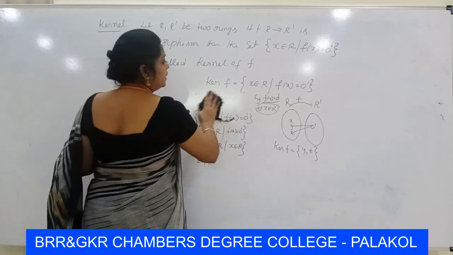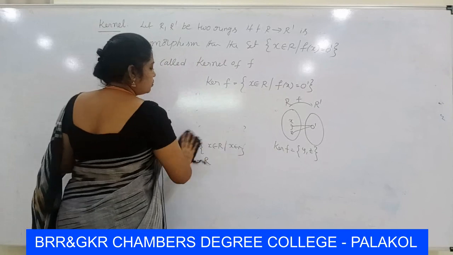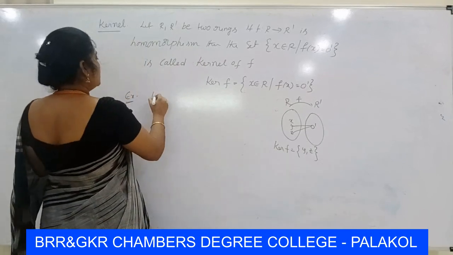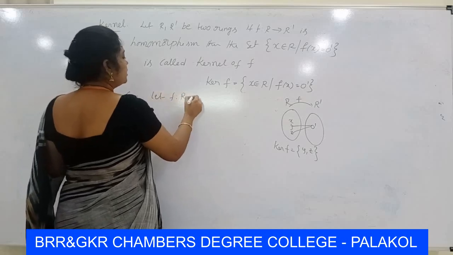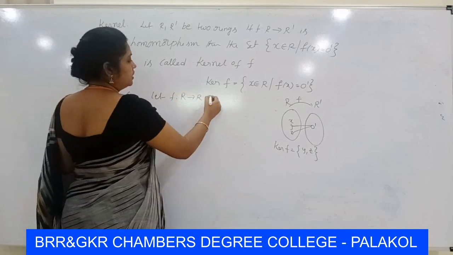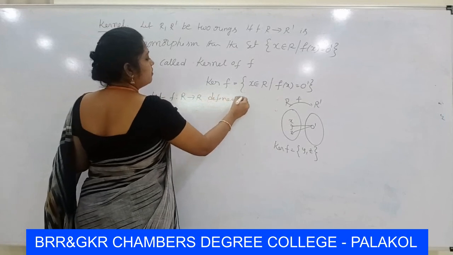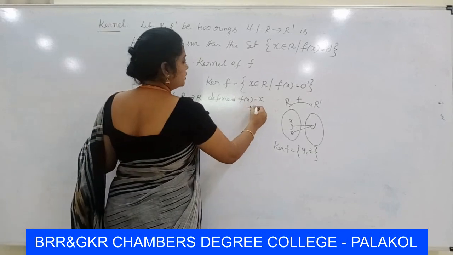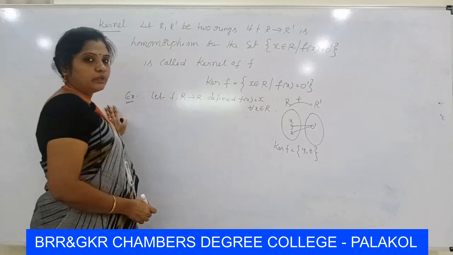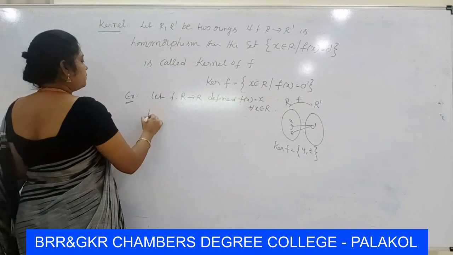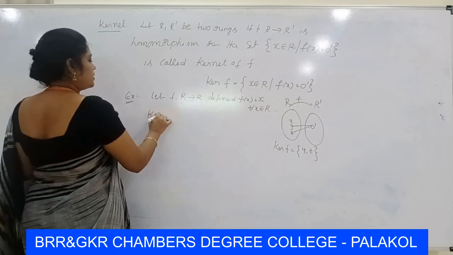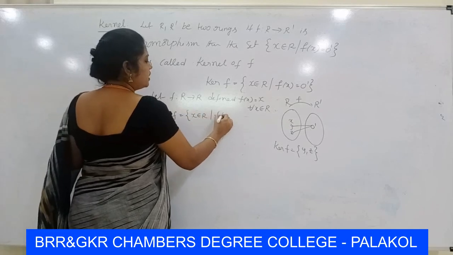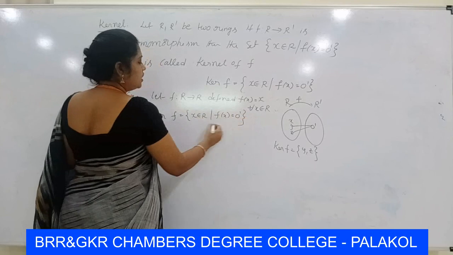Similarly, the identity homomorphism. We know the identity homomorphism: let F map R to R defined by f of x equals x for all x belongs to R. Now, for this mapping, kernel F is x belongs to R such that f of x equals 0 dash.